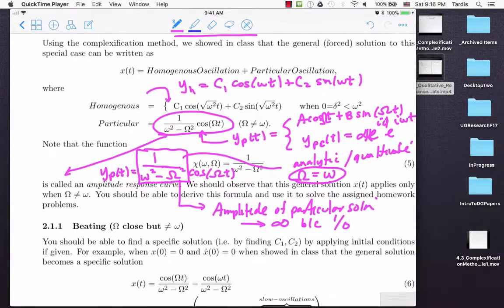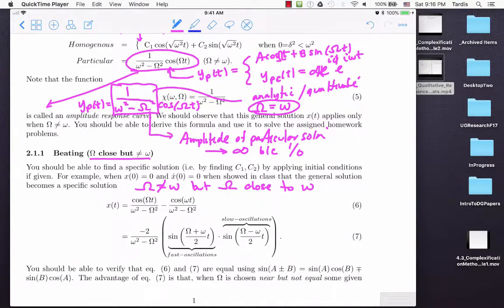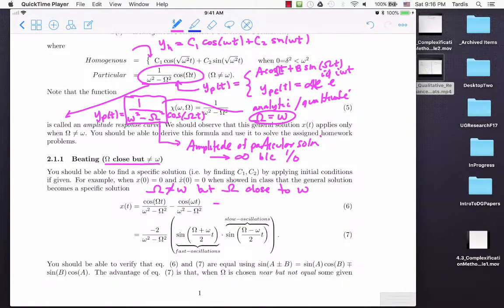If capital Omega and little omega are not equal to each other, but capital Omega is close to the natural frequency little omega, then you can take the homogeneous solution plus the particular solution and apply initial conditions, which are zeroed out.